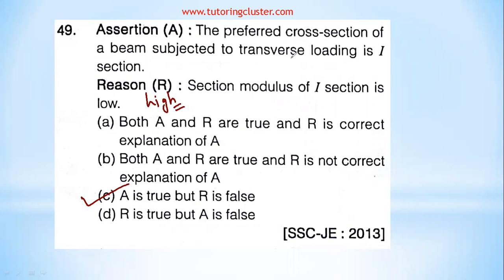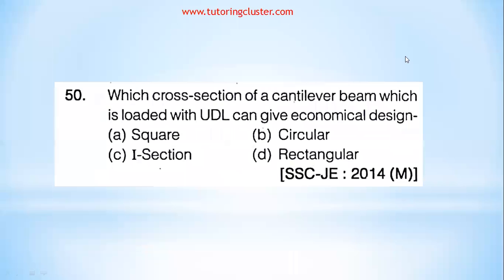So the last question from this part, question number 15. Which cross section of a cantilever beam loaded with UDL can give an economical design? It is I section. Why?